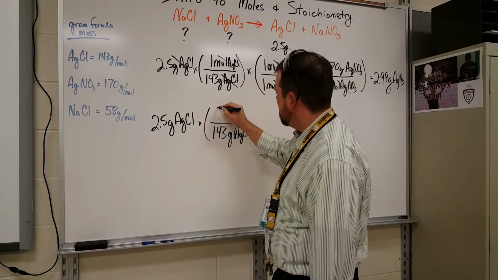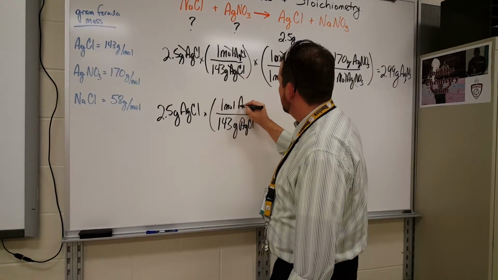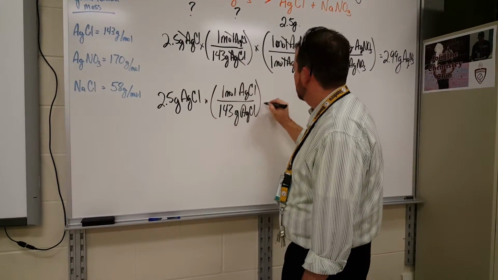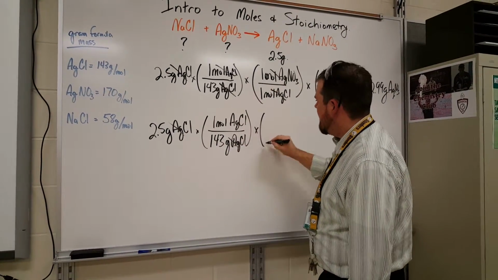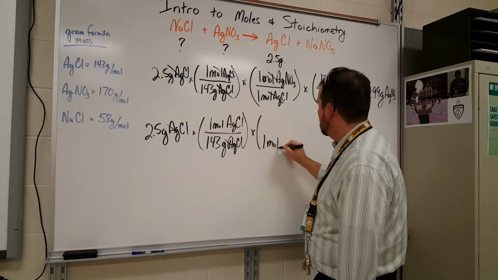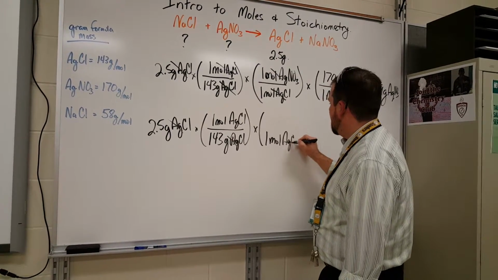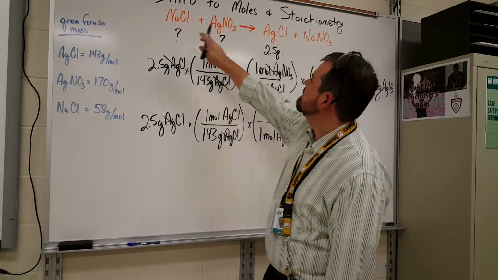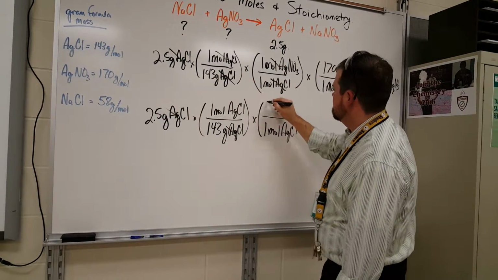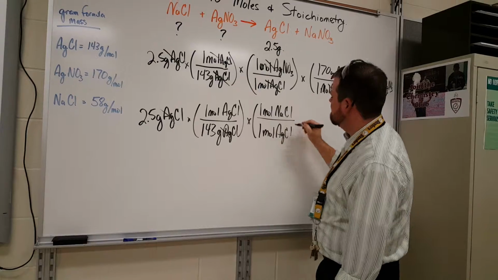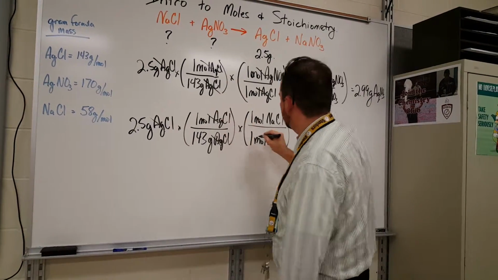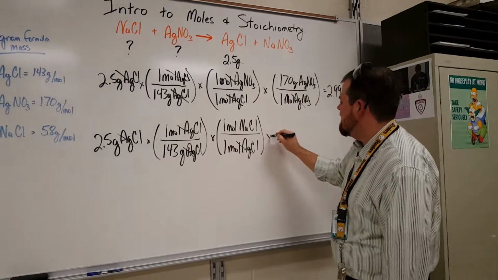Silver chloride is 1 mole of silver chloride. Grams cancels. Now I'm in moles of silver chloride. I know that 1 mole of silver chloride is going to react with 1 mole of NaCl. So I just converted from one to the other. Moles cancels. Now I'm in moles of NaCl.